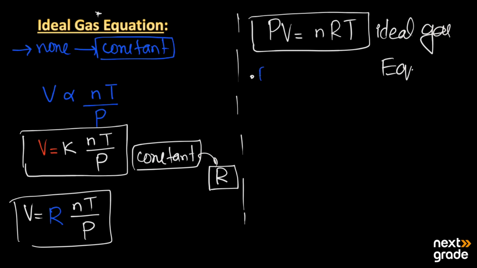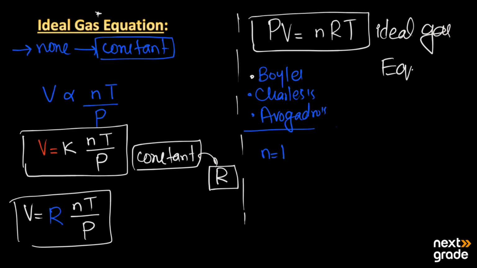The first one was Boyle's law, the second one was Charles' law, and the third one was Avogadro's law. For 1 mole of any gas, if n is equal to 1, then the equation will be PV is equal to RT.